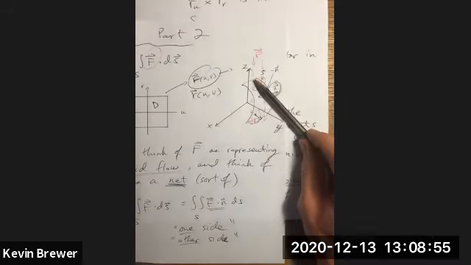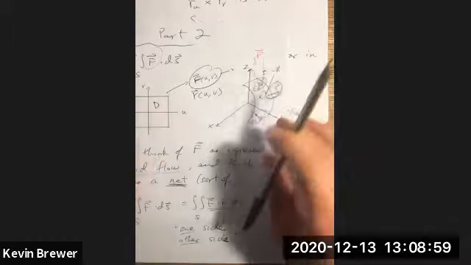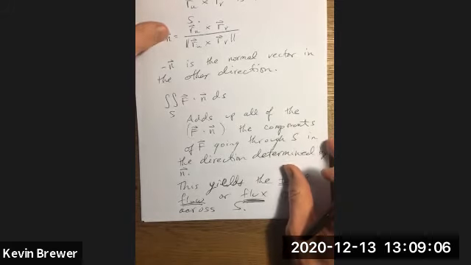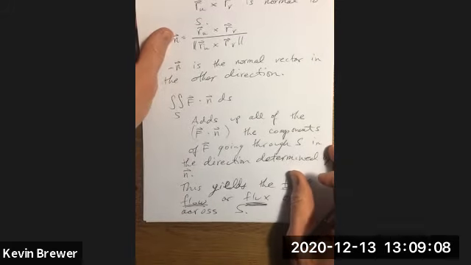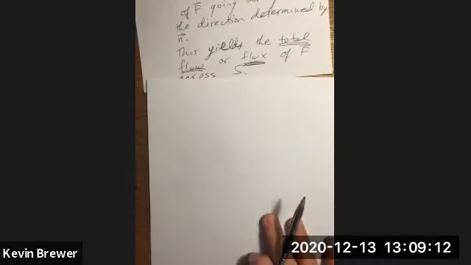And so we would be adding up some negatives, adding up some positives, seeing what the quote unquote net effect is, and that would give us the net flux or flow of the vector field through the surface in the indicated direction. Okay, so let's see how to compute that.